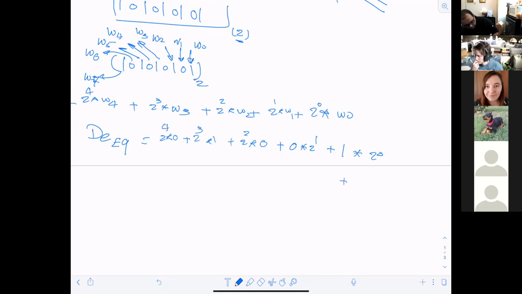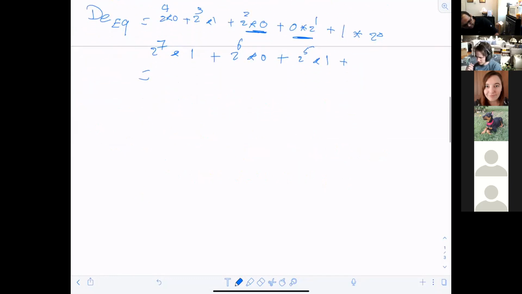Then bit 5 is 1 times 2 power 5, then bit 6 is 0, 0 times 2 power 6, then 1 times 2 power 7. If I start collecting, I will find this term is 0, this term is 0, and so on. If I add up, I will find the equivalent in decimal. So what I am doing now is converting from binary to decimal.